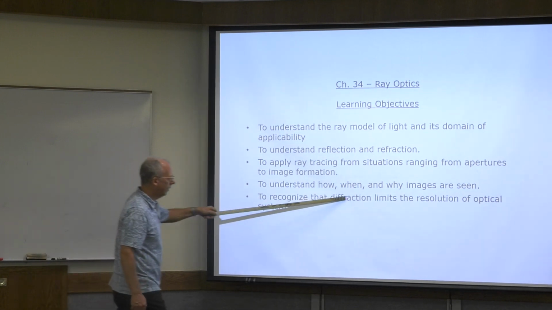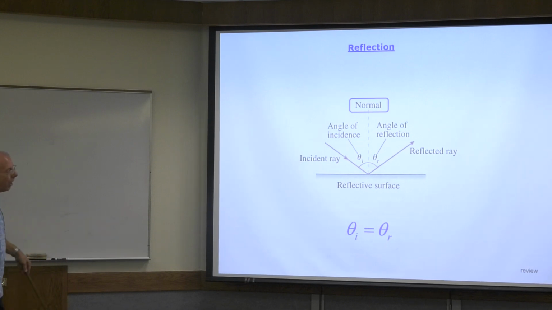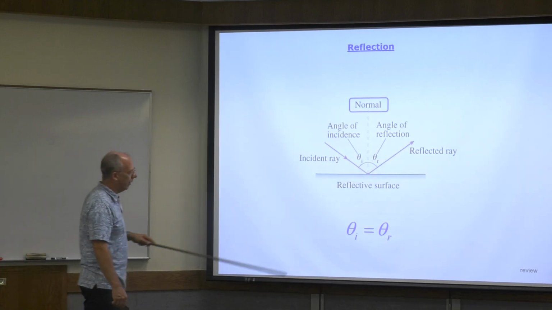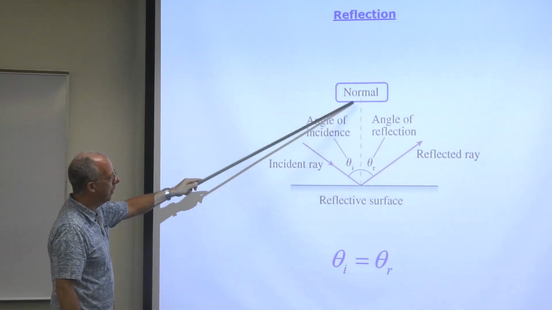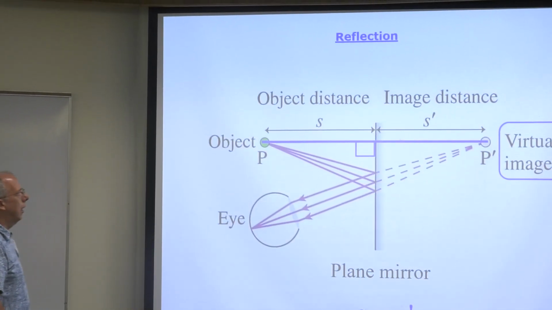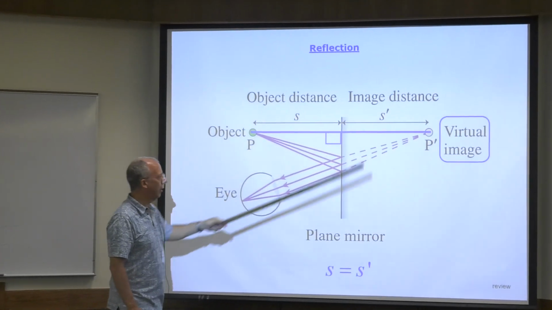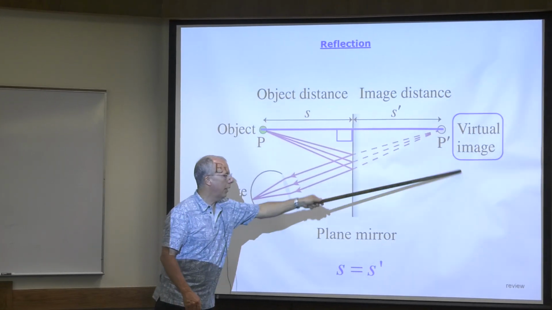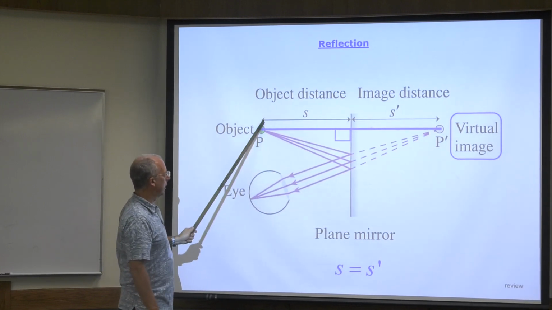We did that in the previous chapter. Here you go: the law of reflection. Theta incident equals theta reflection relative to the normal. Plane mirror: S equals S prime. Virtual image. This line is perpendicular with this line.